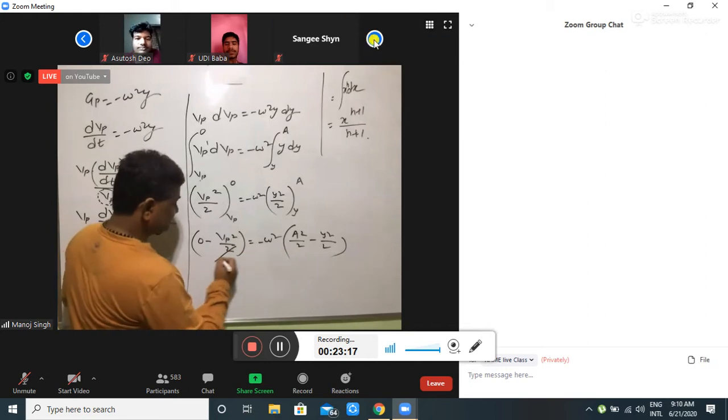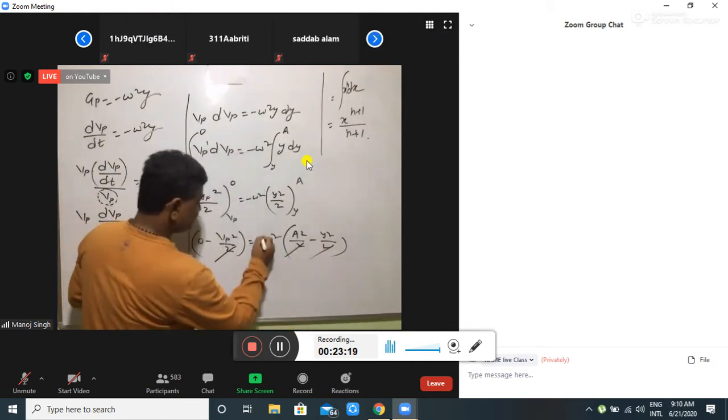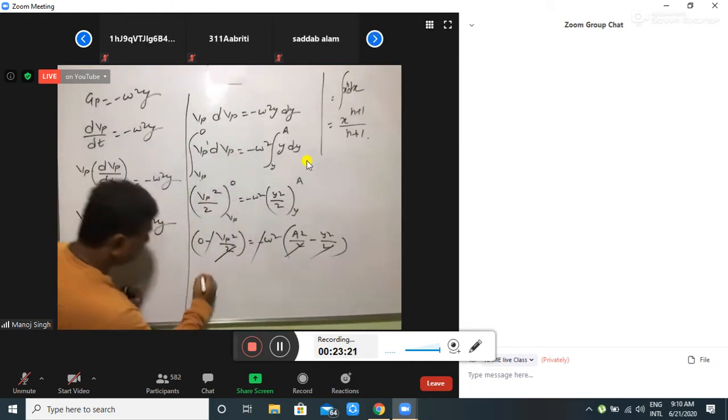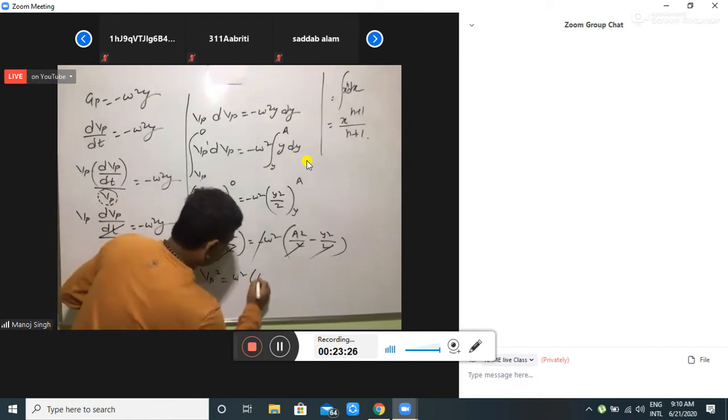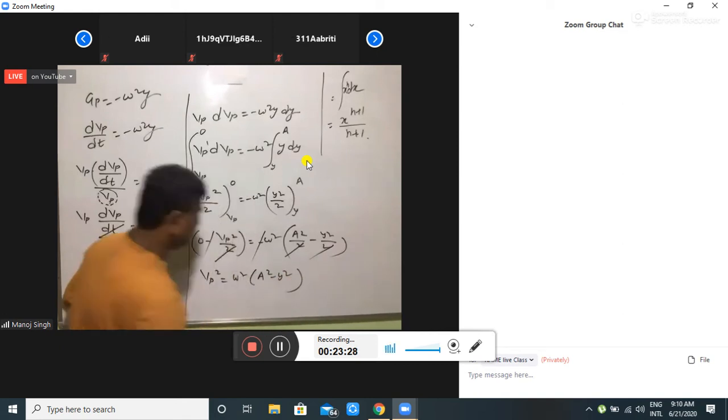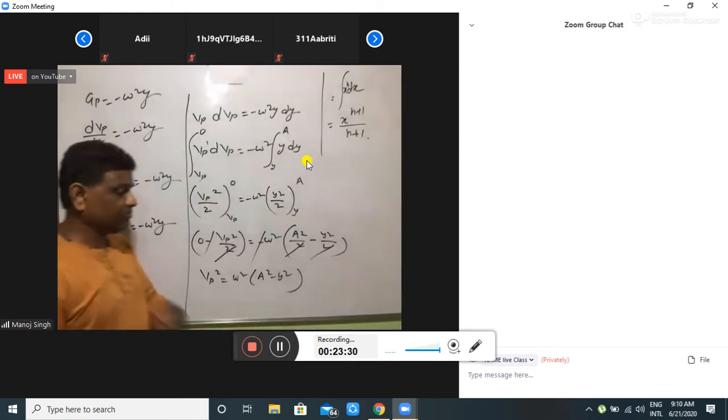Yes, the 2 will be cancelled. This minus sign will also be cancelled. What will come here? vp square is equal to omega square into a square minus y square. Simplify.